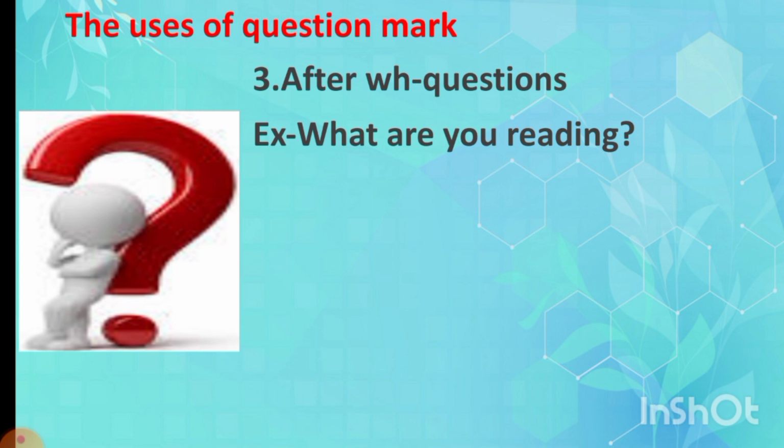These are the W's words. The words which start with the letters W and H are called W's words. So we can also make question sentences with W's words. Example: What are you doing? What are you reading? Here, at the end you have to put a question mark.